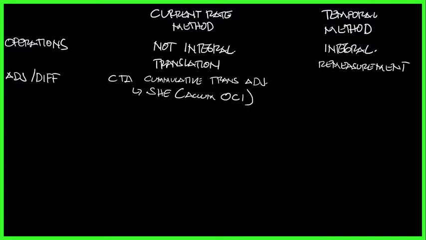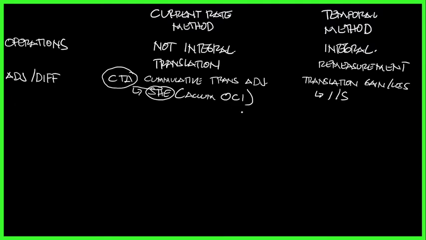Basically, the difference is your cumulative translation adjustment, found in your stockholders' equity. Under the temporal method, the difference is known as the translation gain or loss, which will be found in your income statement. So this one is in the balance sheet, and this one is in the income statement. Those are the major differences.